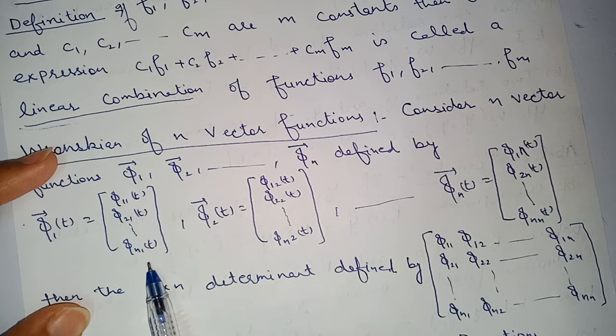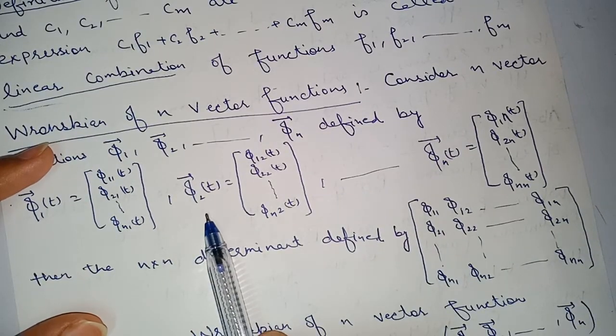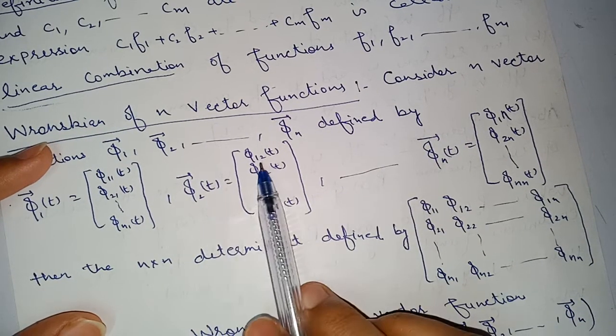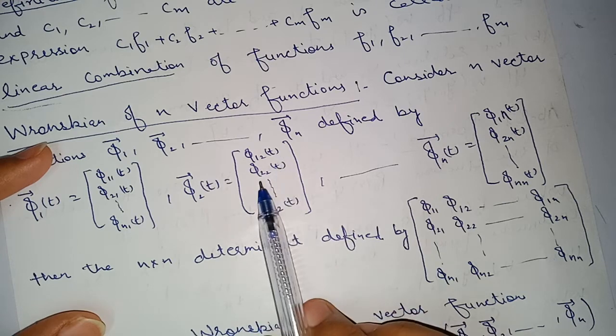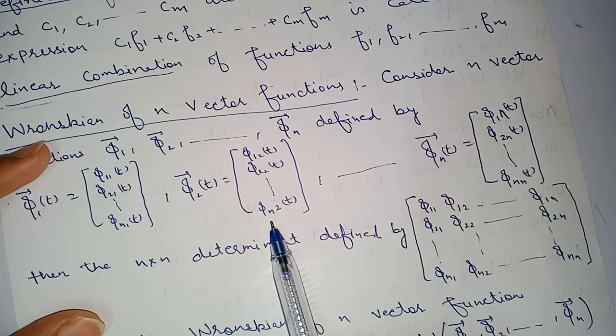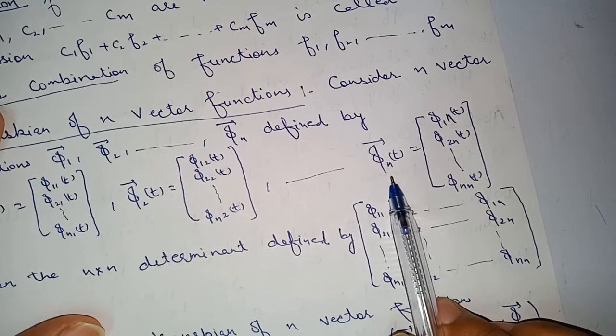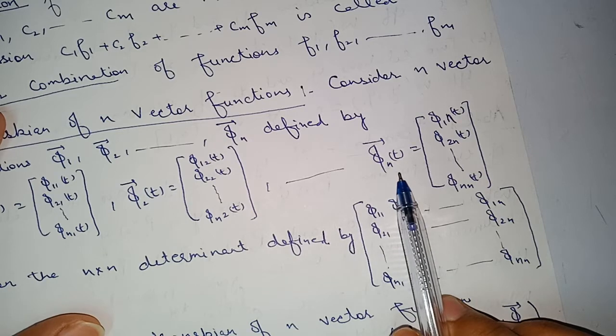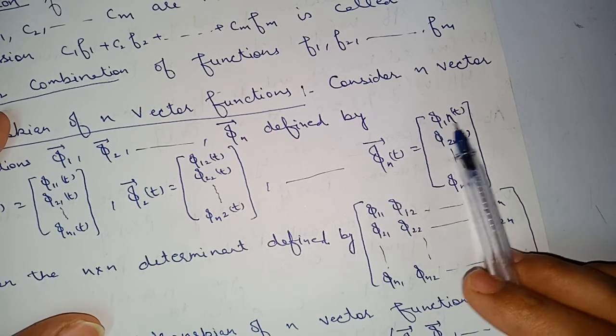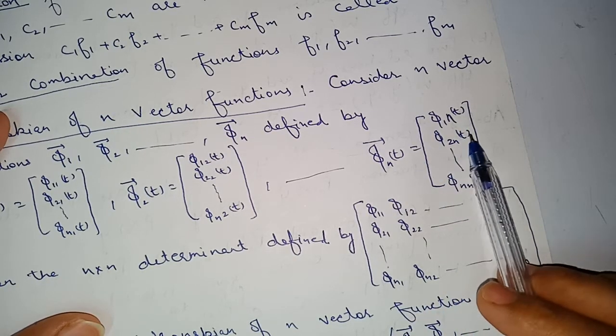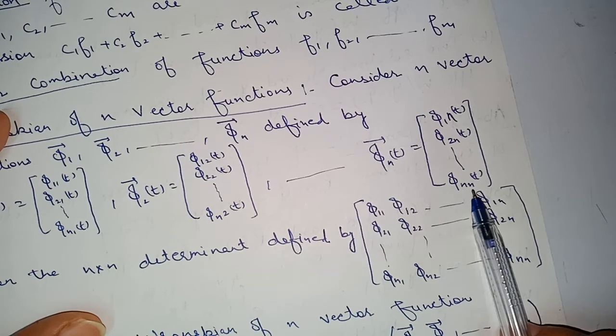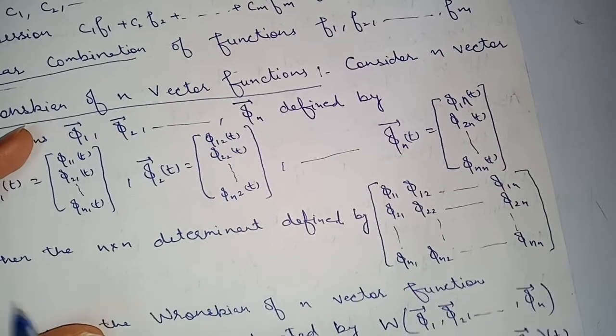That means this is our first column of the n cross n matrix. Next, phi2 of t, that is phi12 t, phi22 t up to so on phi n2 t. Similarly, we have the nth vector function phi n of t, that is phi1n t, phi2n t up to so on phi nn t.